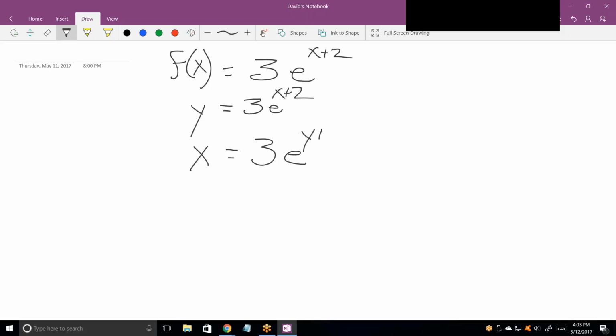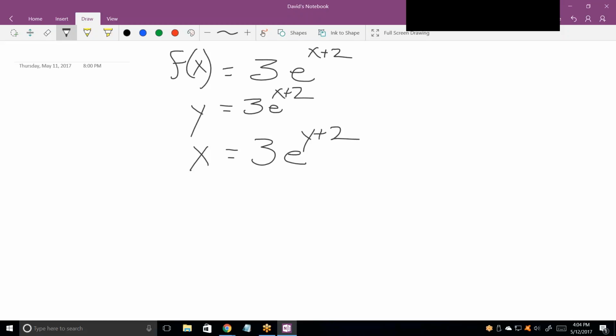Okay, and now solve for y, which is harder than it looks. Yeah, that's what I was confused about. It's an exponential equation. How do you solve exponential equations? What do you do? You can log it? Yeah, okay. Use logs.